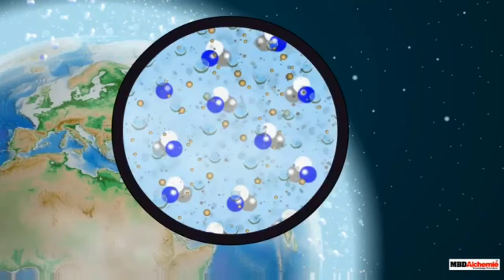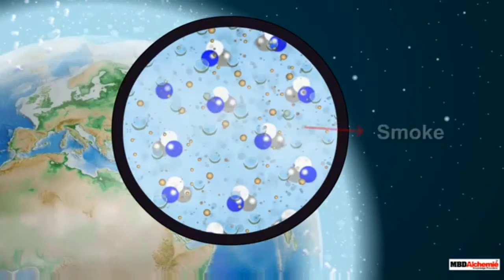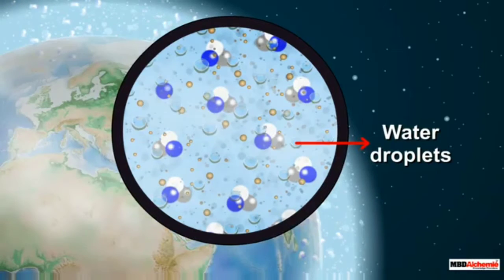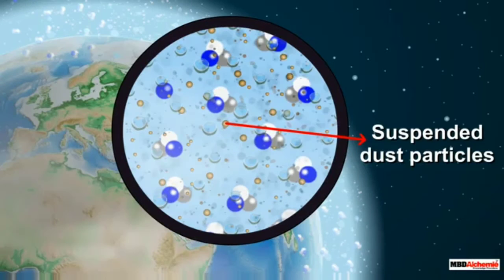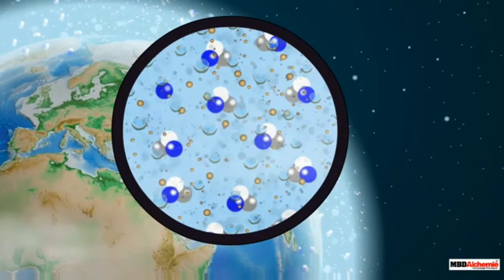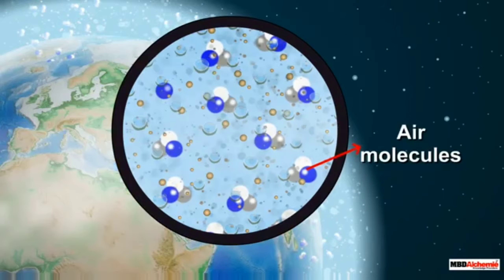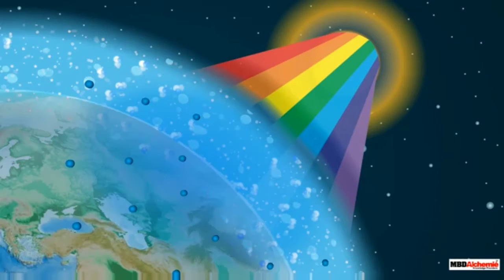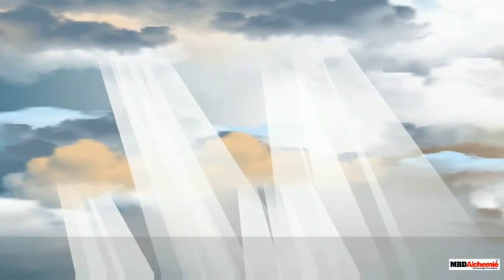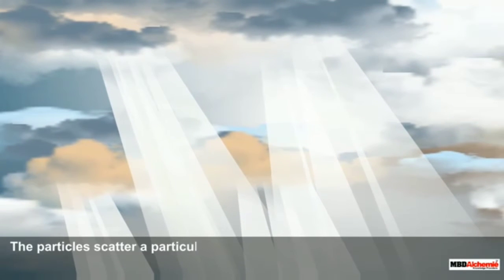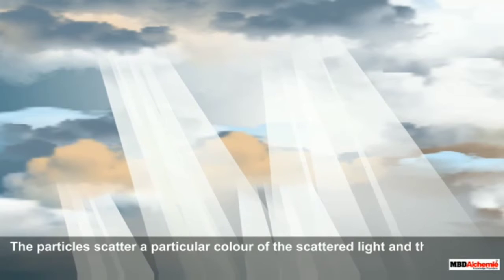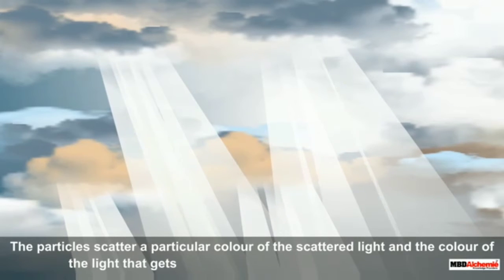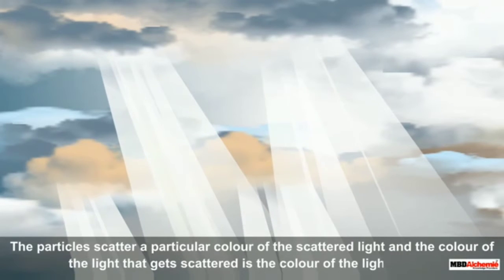These particles include smoke, tiny water droplets, suspended particles of dust, and air molecules. When sunlight strikes these particles, it gets scattered by the particles, and the scattered light reaches us. The particles scatter a particular color of the light, and the color of the light that gets scattered is the color of the light we see.